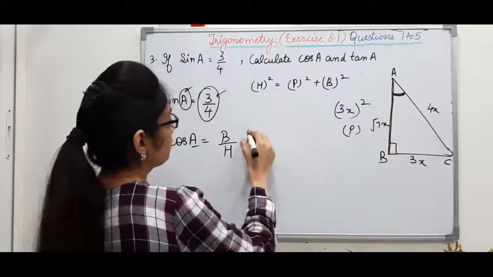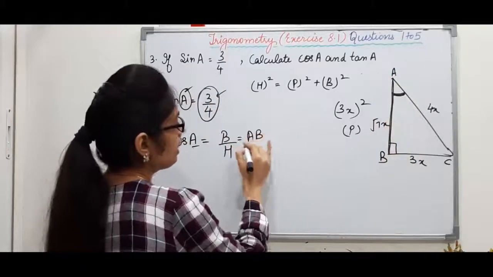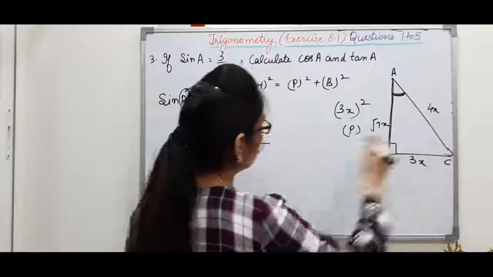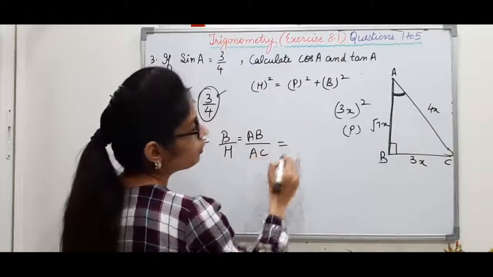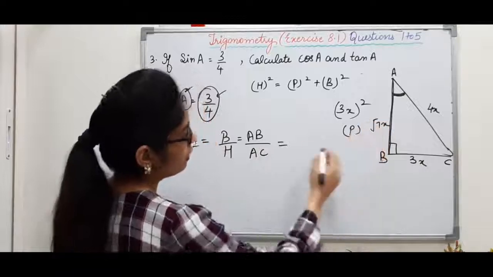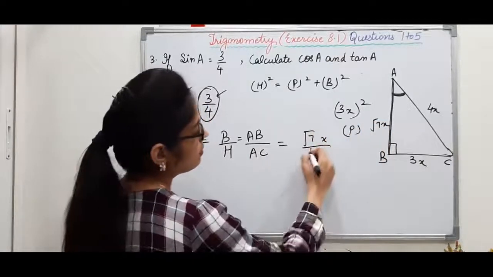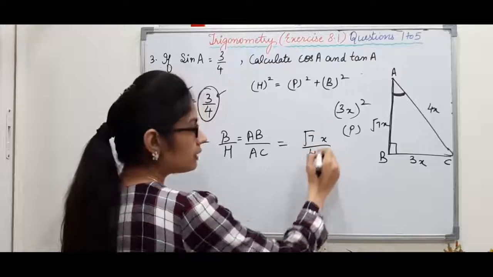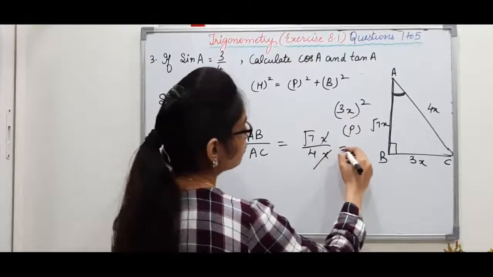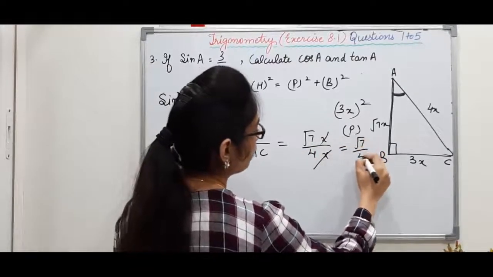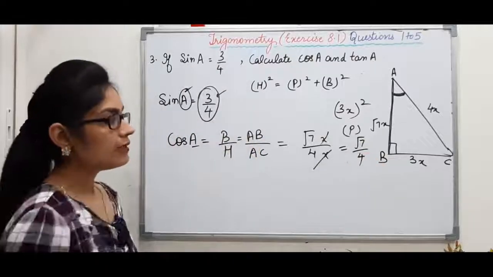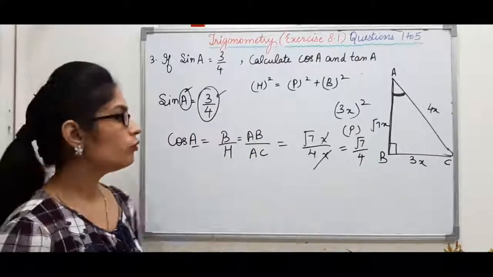So base is AB, and hypotenuse is the same, AC. AB you know the value. AB is root 7x and AC is 4x. So this x and this x will get cancelled. I am left with root 7 upon 4. So cos A is equal to root 7 upon 4.